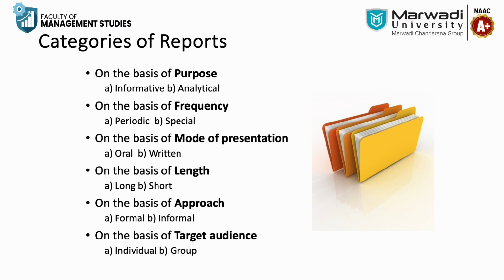So that is on the basis of target audience, either individual or group. So these are the different categories of reports based on purpose, frequency, mode of presentation, length, approach, and target audience. Okay, I hope I can move ahead now.